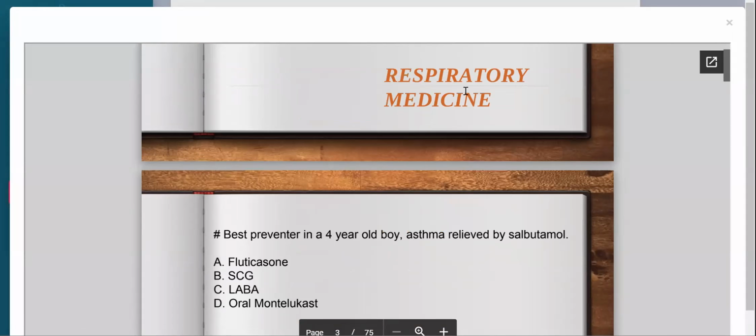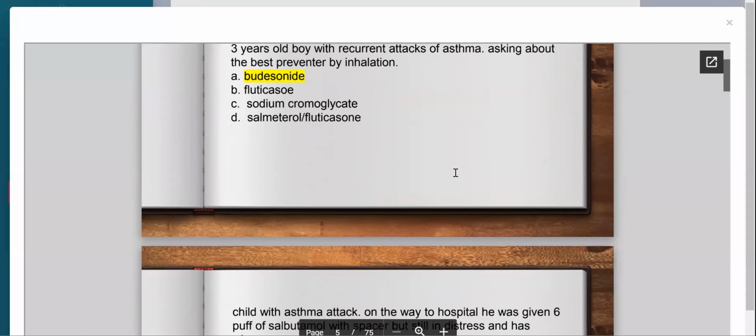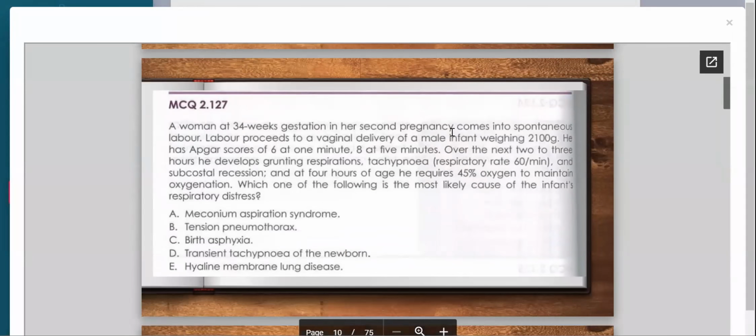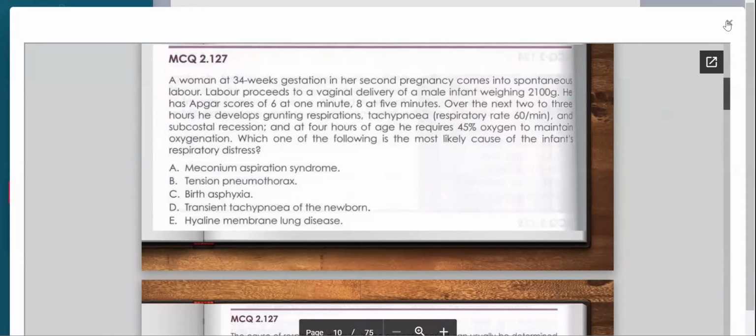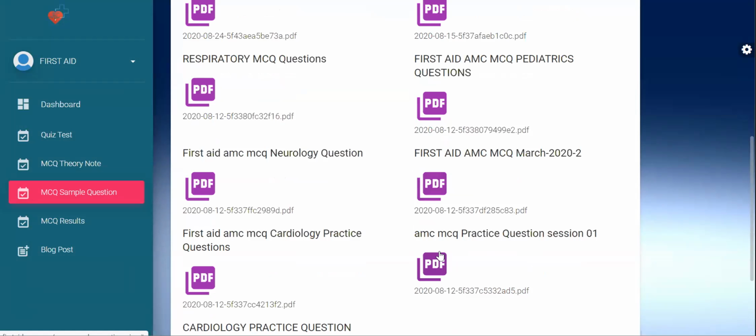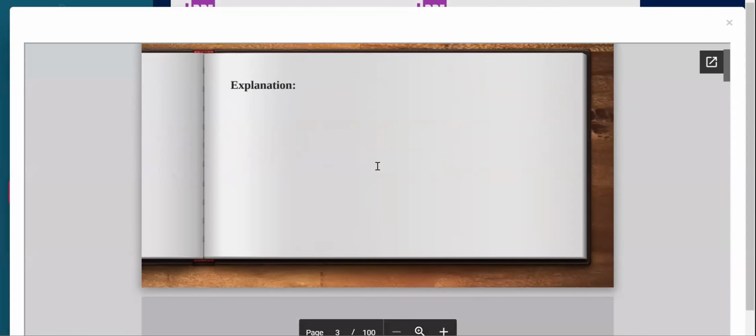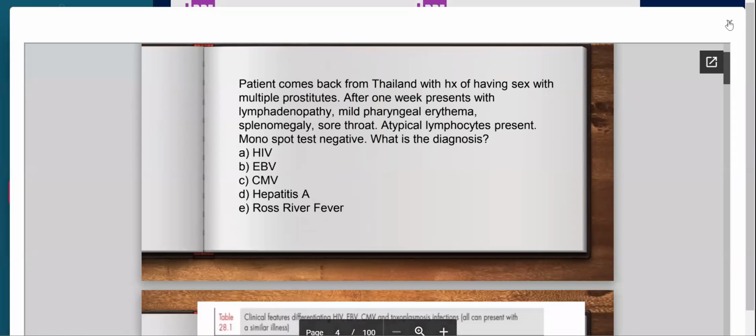If we go into respiratory medicine, we have all the questions. We can easily find the answers in here, and you can obviously revise that. We upload all the questions here, and you'll easily find the answers and also related materials to understand those.